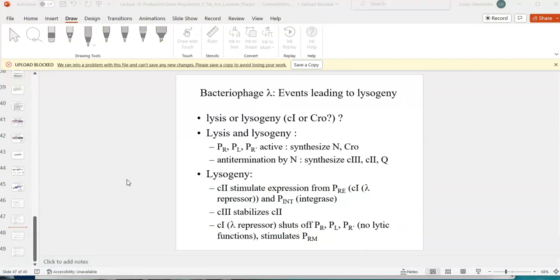Okay, so I'm just looking at the schedule, and we still need to cover eukaryotic gene regulation, and developmental genetics. We're not going to get to transposons.